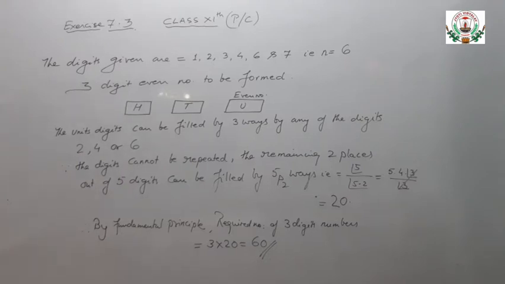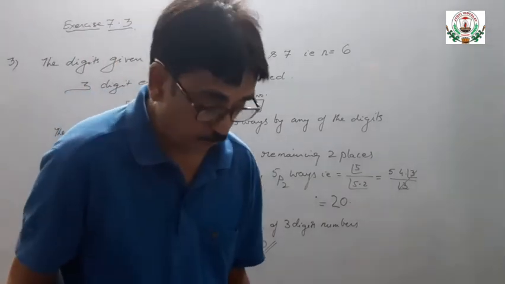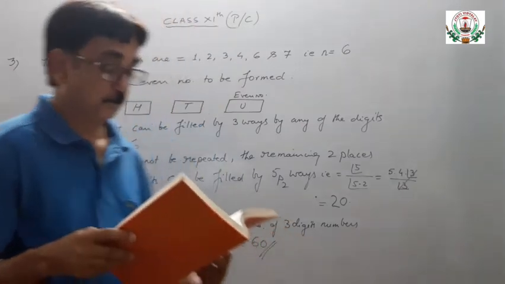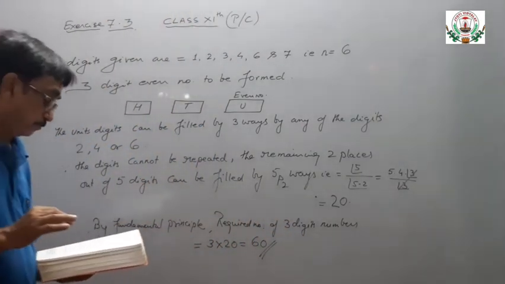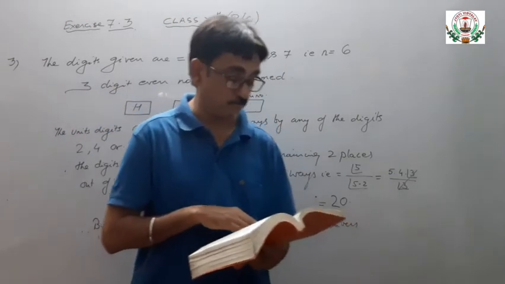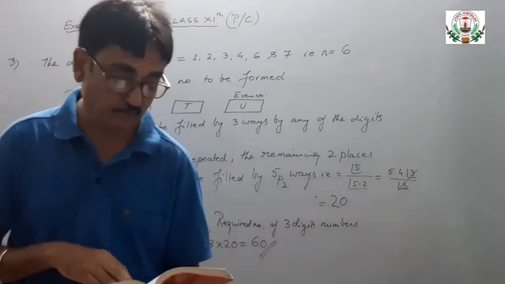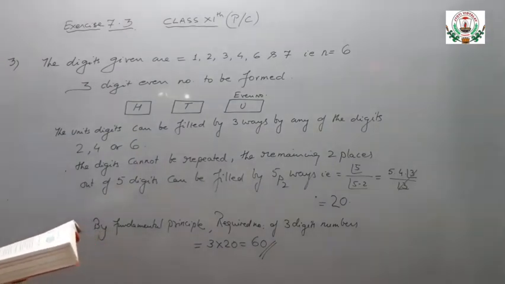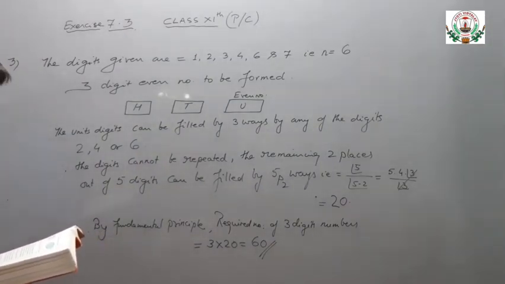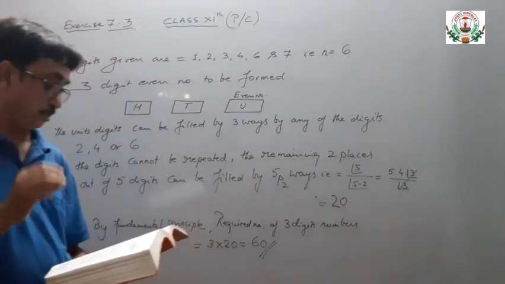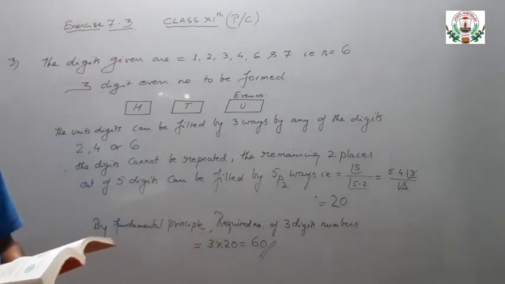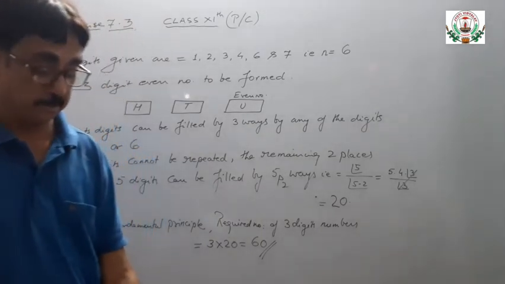Now question number 3 of exercise 7.3. How many 3-digit even numbers can be made using the digits 1, 2, 3, 4, 6, 7 if no digit is repeated?